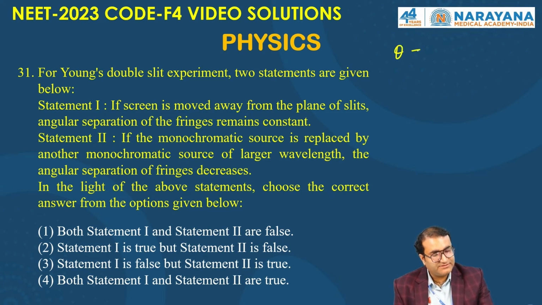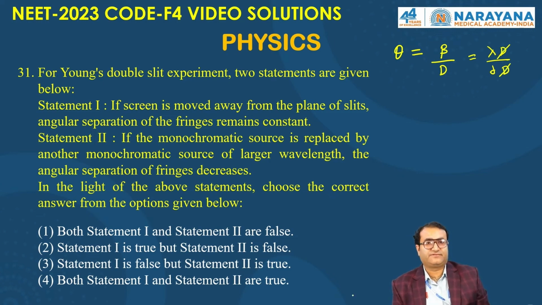Angular separation, we have a formula: it is fringe width by capital D. So it is basically lambda capital D by small d into capital D. It is independent of the distance, angular width. So this option is correct.